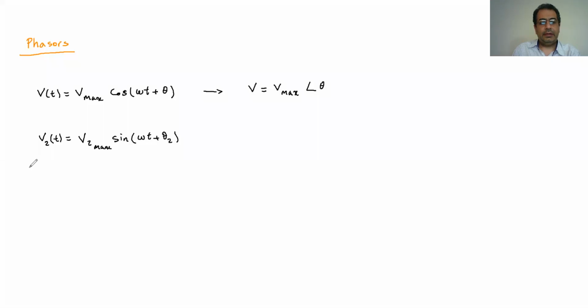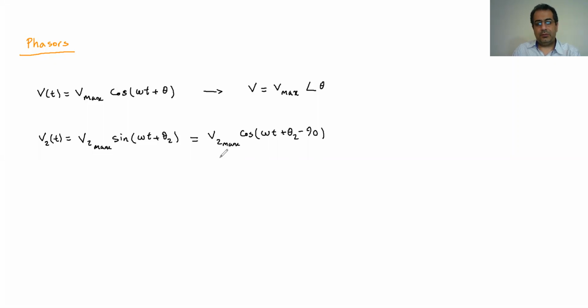So again, assume I have another wave, but it's written in the form of the sine. And remember, when it's written in the form of sine, to convert it to the cosine, I can just subtract 90 degrees from that. So I can write this as V2 max and convert it to cosine: omega t plus theta 2 minus 90.